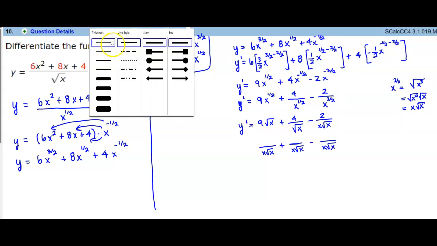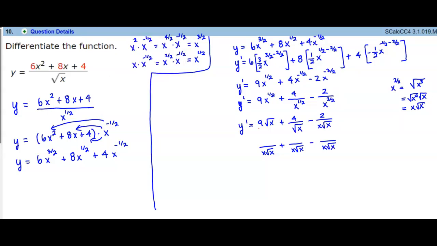So what do we need to multiply this denominator by to get x times the square root of x? Well, we need to multiply this by x times the square root of x.